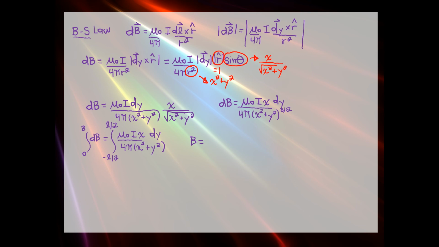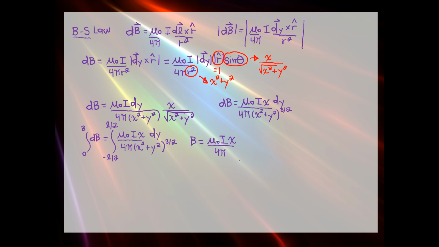Right-hand side, let's pull everything out of the integral that's constant. Mu naught is a constant. The current through the wire is a constant. x is that fixed distance along the x-axis. We can also pull that out. We can pull out the 4 pi. The only thing we can't pull out is this thing in the bottom here. Oh, that should be to the power of 3 over 2.